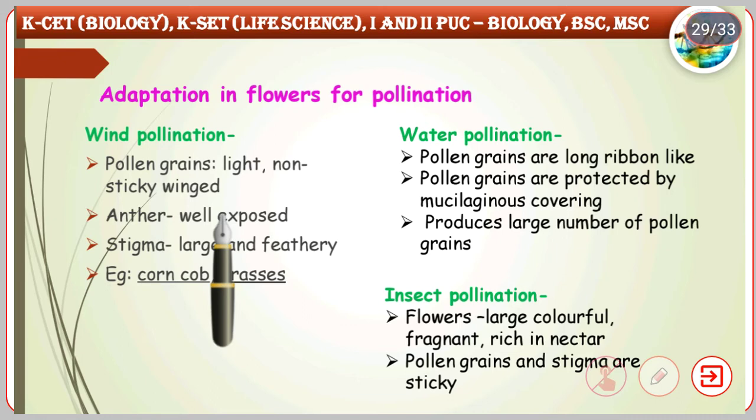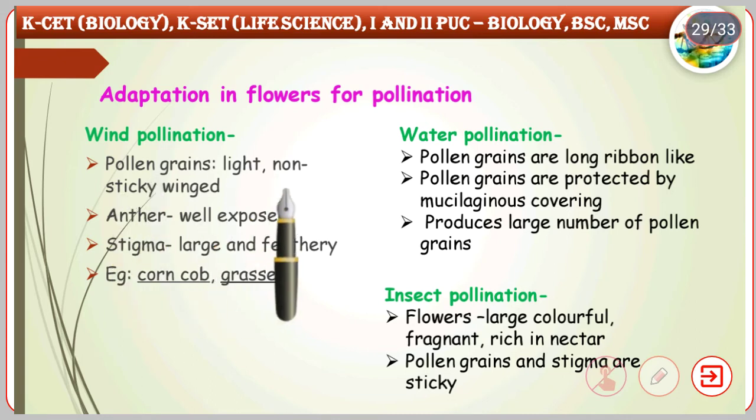Wing-like structures will be attached to the pollen grain, so that when the wind comes fast, they can fly and shed down somewhere else. Okay, so that is wind pollination.